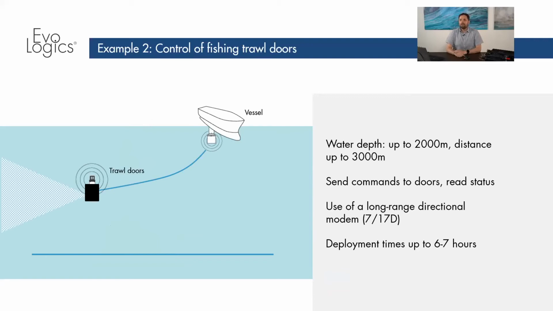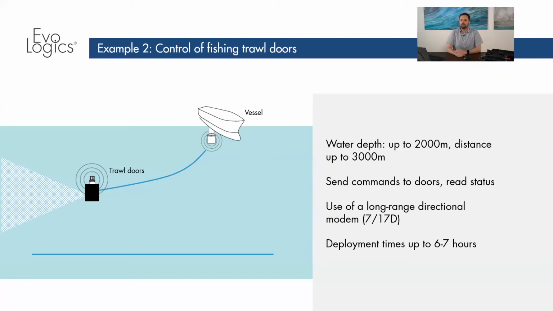A second example is using the modems, for example, to control fishing trawl doors. Instead of having just the tension on the cables of the trawl, to control where the door is positioned, you have the option of sending an acoustic signal and have these doors actuate by themselves with some battery power, of course.